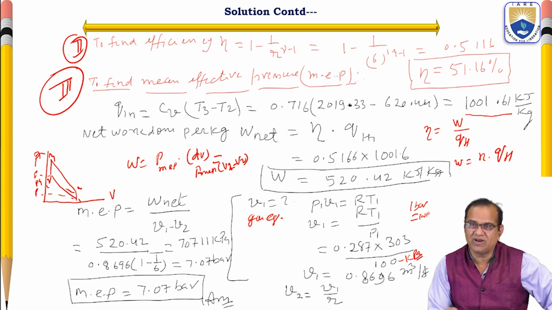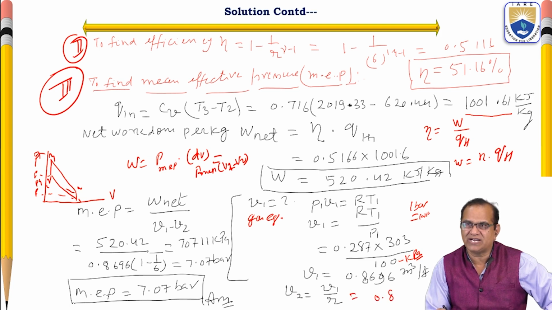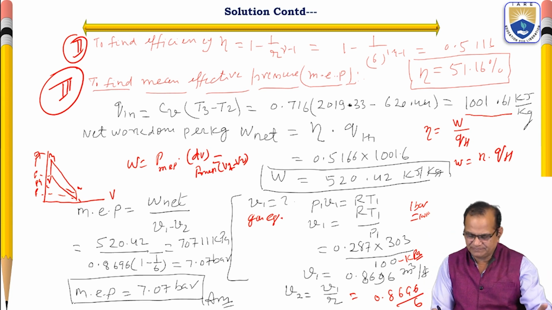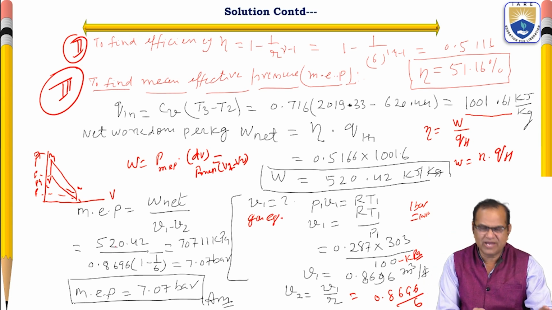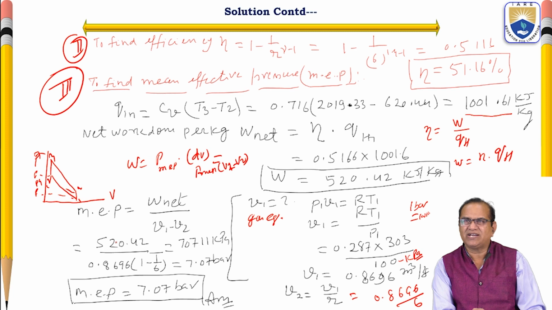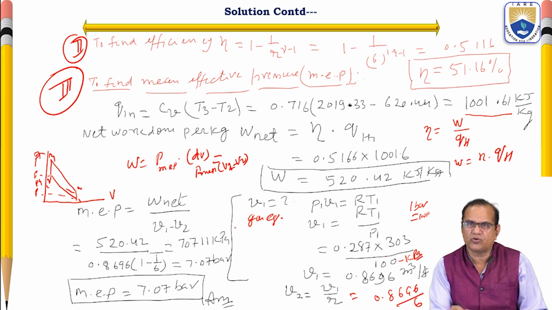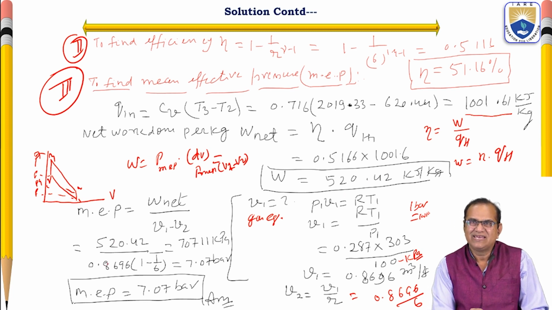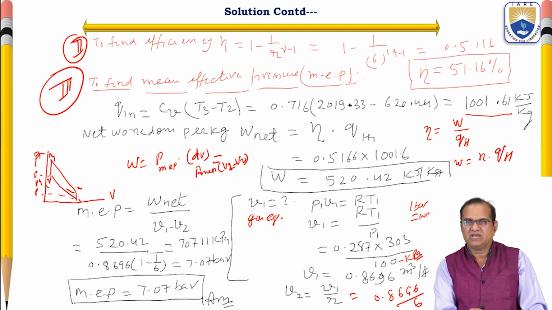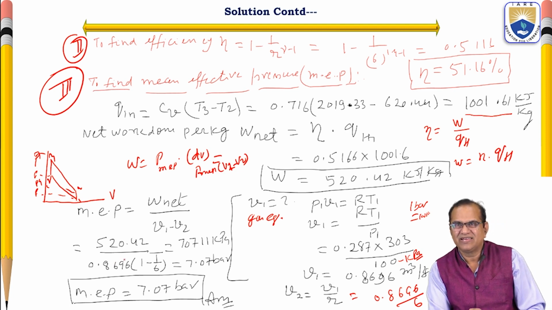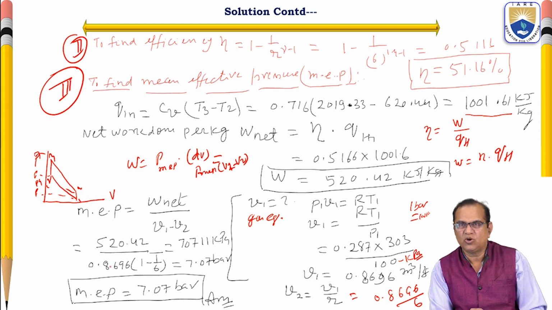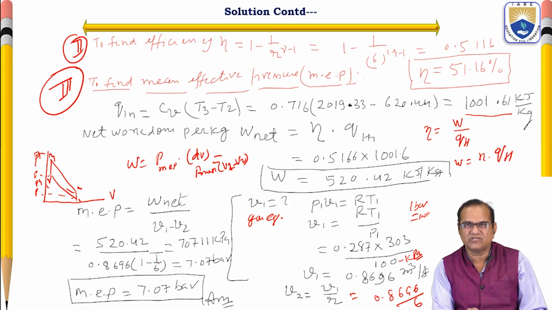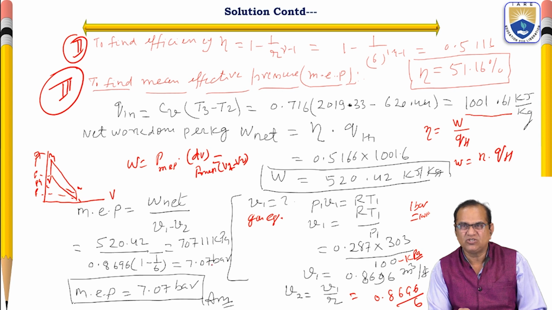From this V1 we can find out V2. V2 is equal to 0.8696 divided by 6. Now you can put here the net work done which we have got, 520.42, divided by 0.8696 into (1 minus 1 by 6). So you will get 7.07.